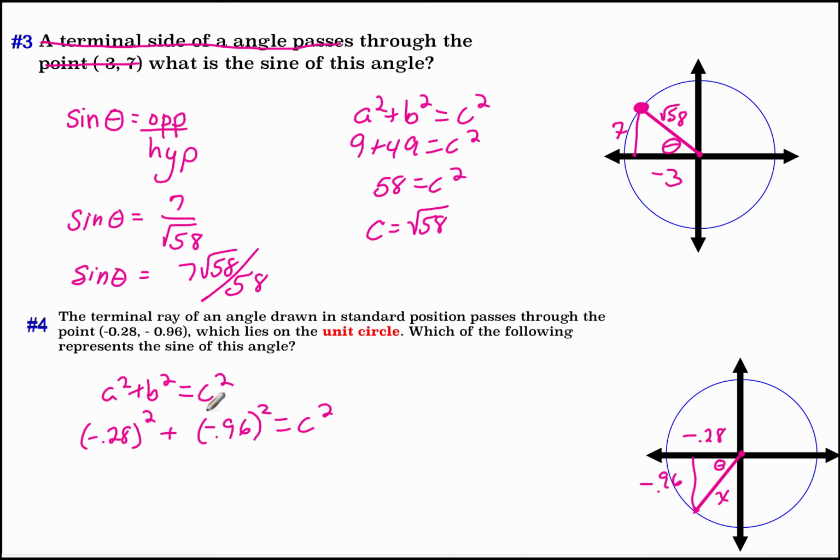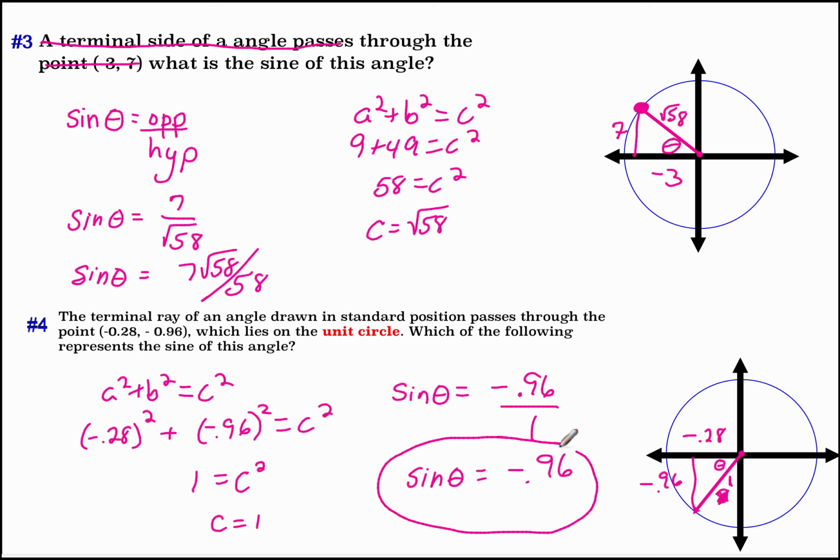Okay, so c squared is 1, so c has to be 1. So this is 1. So the sine of this angle is the opposite measurement over 1. So the sine is negative 0.96.